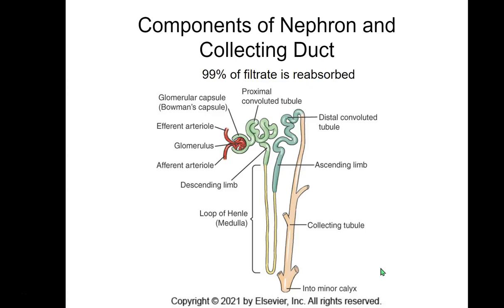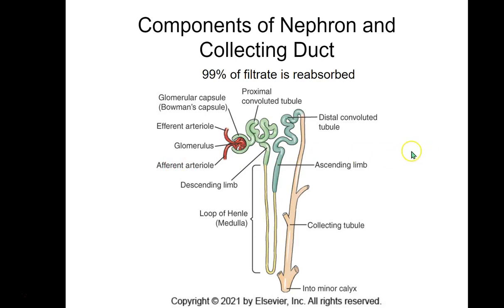Microscopically, the glomeruli, which remember is that little ball of capillaries, the glomerular capsule or Bowman's capsule, and the proximal and distal convoluted tubules of the many nephrons we have in our kidney, those portions are all located within the cortex of the kidney. So imagine if I were to draw a line here.